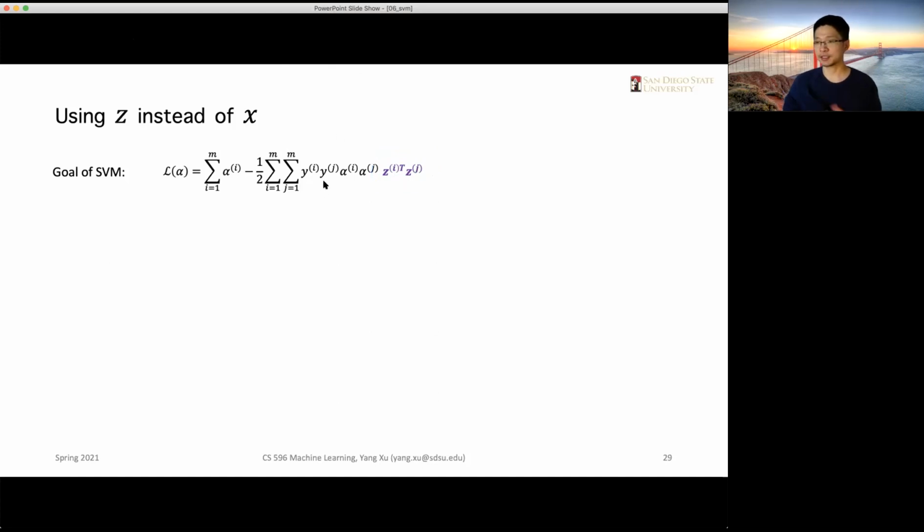But the y doesn't change, since y are just labels. And alpha doesn't change, because alpha is the variable we don't know and want to optimize.